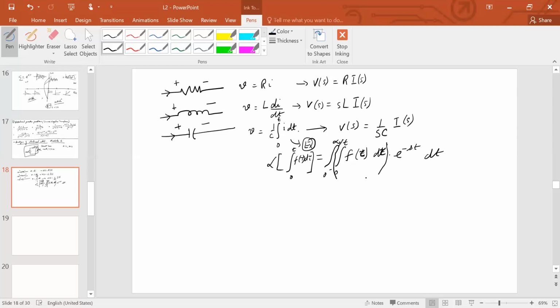So you take this as u and this as dv. So you have integration u dv given by uv minus integration v dv. Just apply this and you should be able to derive this result here.